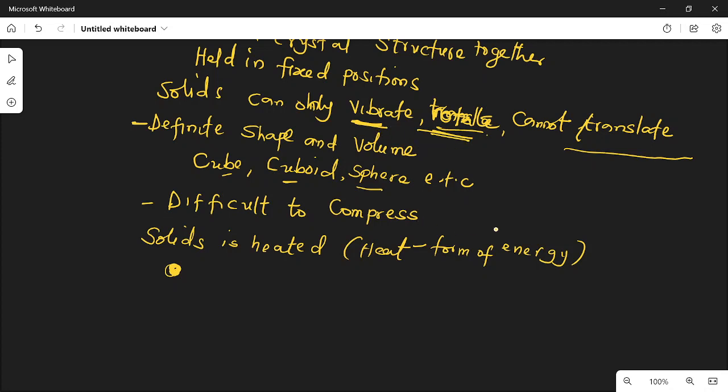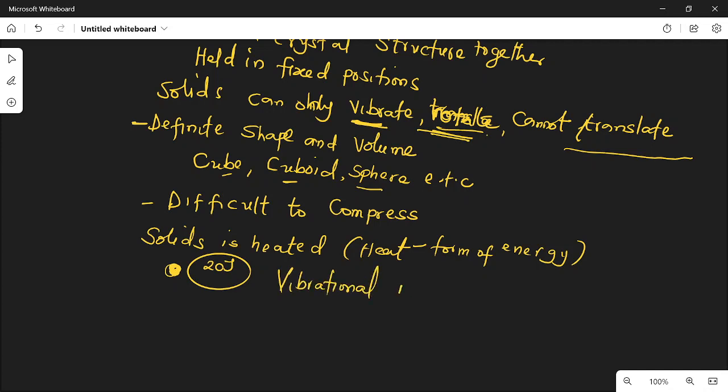For example, if they are vibrating with 20 joules of energy and you heat it, you have provided extra energy, so these 20 joules will increase to 30, 40 or 50, depending on the amount of energy they are heated with. Their vibrational and rotational motion will increase.